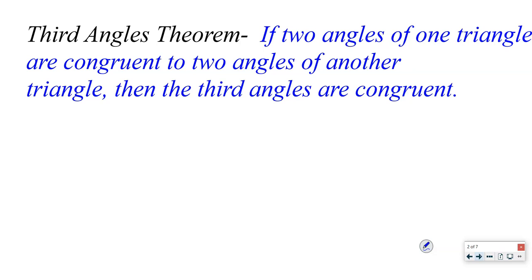So if one of them is 20, one of them is 30 in one triangle, and one is 20 and one is 30 in the other triangle, then the only thing that can remain is a 130-degree angle in both of them. So anytime two angles of two triangles are congruent, the third angle is also congruent.